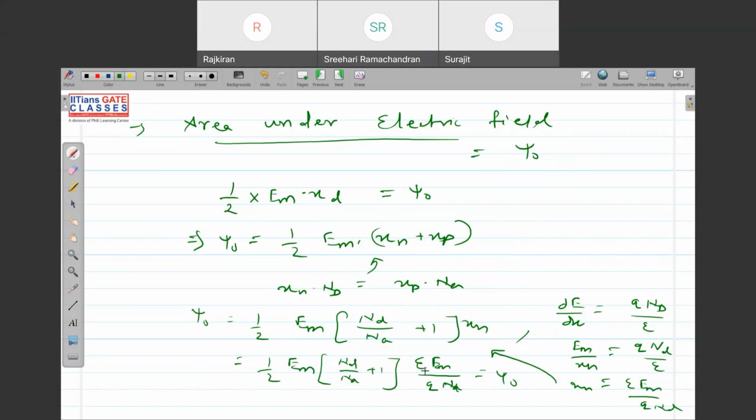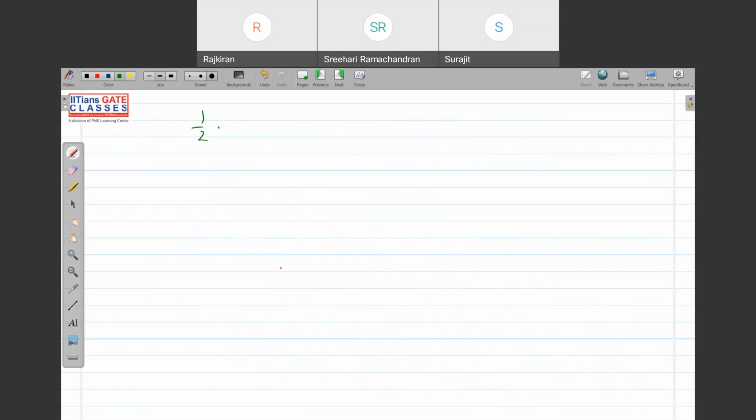So psi 0 is equal to half Em square into epsilon by q Nd, into (Nd by Na plus 1), equal to psi 0. Fine.